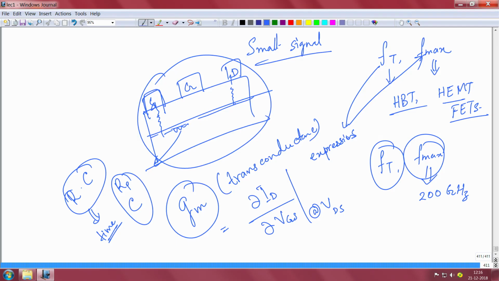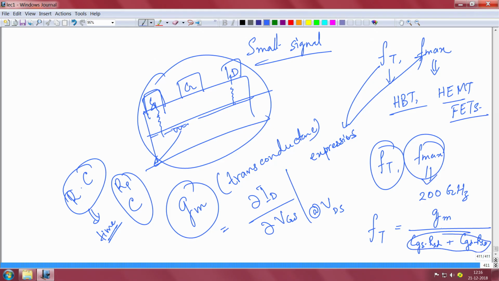So for Ft and Fmax, you have a big expression, but in general, Ft will depend on Gm, and then you have many capacitance-resistance products, like CGS times some RSD, then some gate-drain capacitance times some source-drain resistance, and so on.